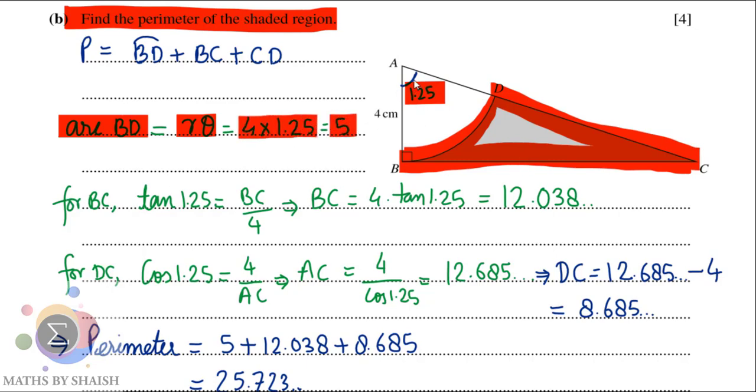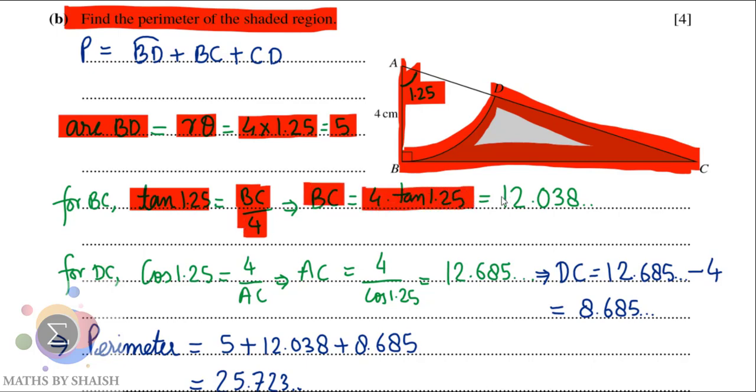And for BC we have this angle as 1.25 and this side length is 4, so we are going to use tan. So tan 1.25 is BC, opposite upon adjacent, which is 4, so BC becomes 4 times tan 1.25, that is 12.038 to 3 decimal places.